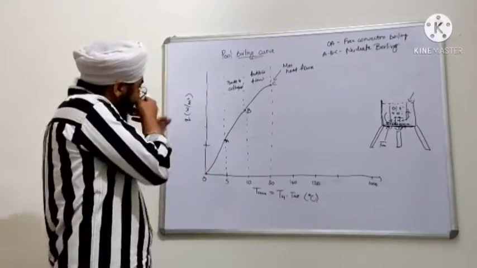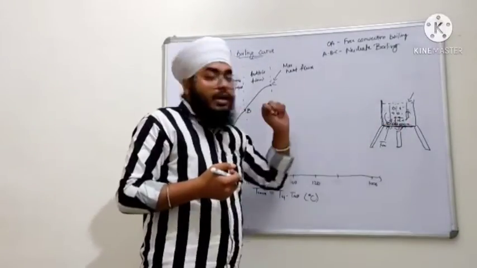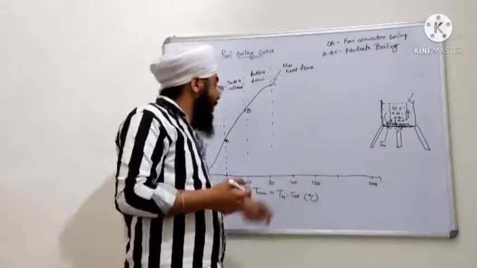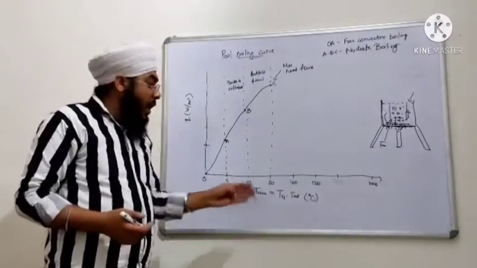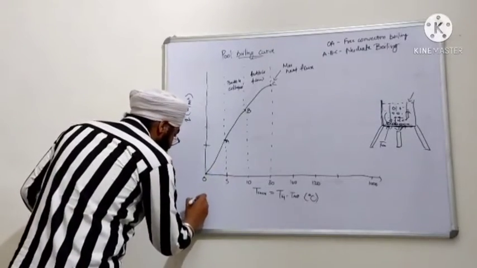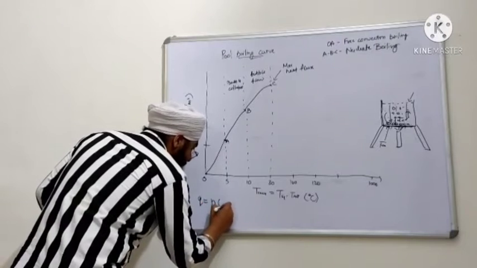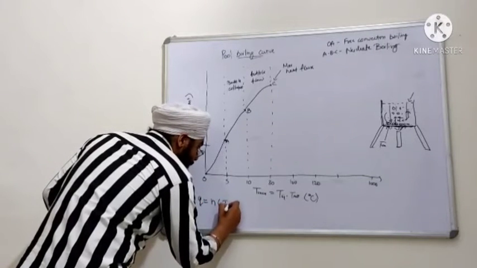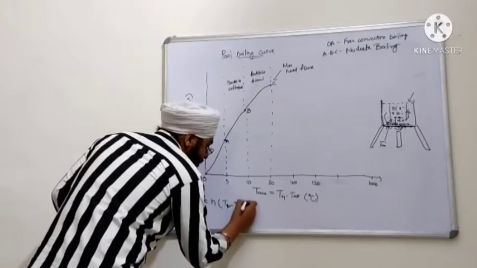So on the y-axis we have the heat transferred through the unit solid surface to the liquid, and on the x-axis we have TXS. Also, the heat transfer can be given by Q is equal to h(T_w minus T_saturation).